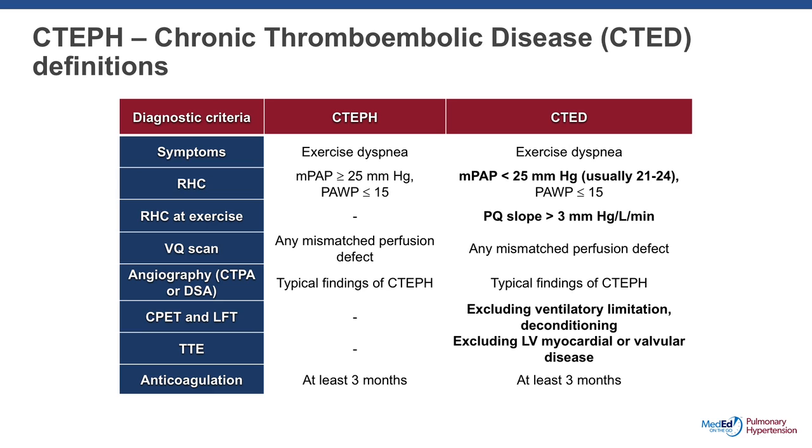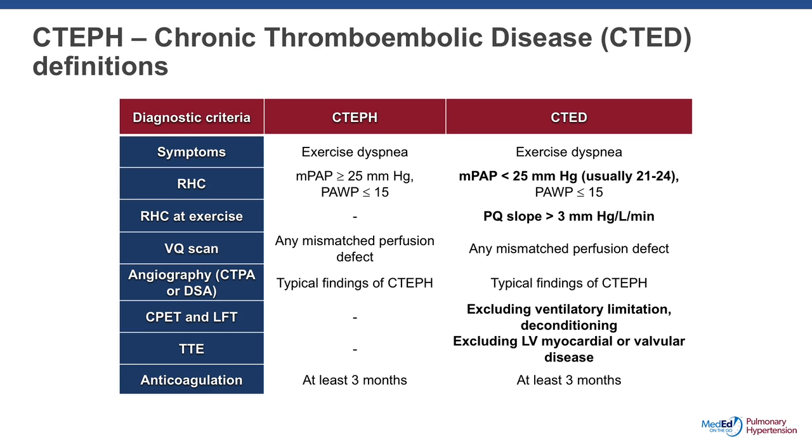So the pressure flow change really goes up. These patients can't tolerate the increase in flow. Their pressure goes up. On VQ scan they have persistent defects, and this occurs in both groups. And both groups have typical findings of CTEPH on pulmonary angiography.